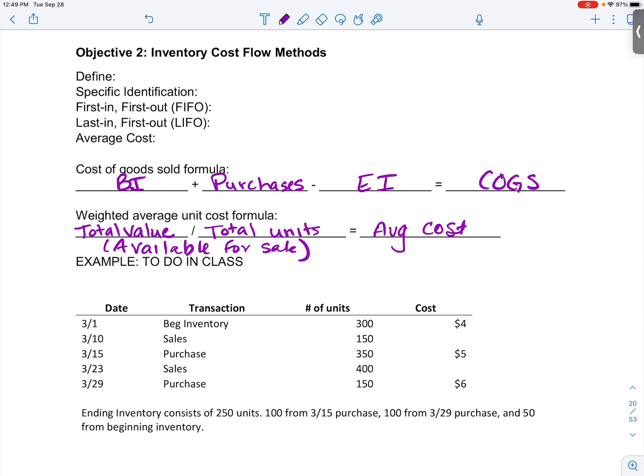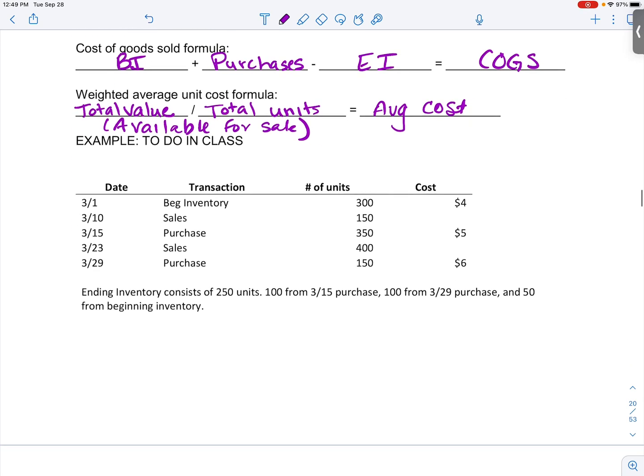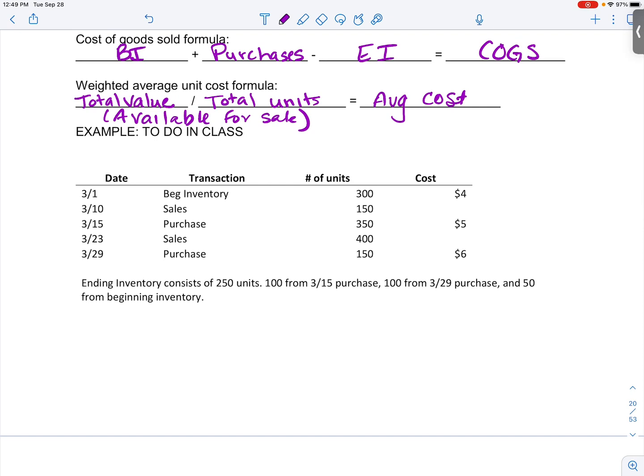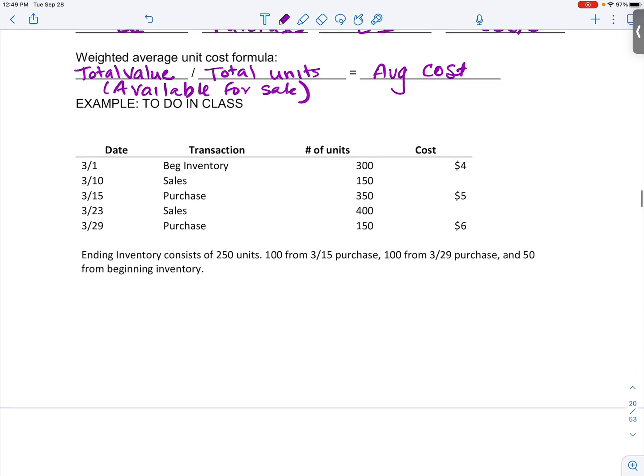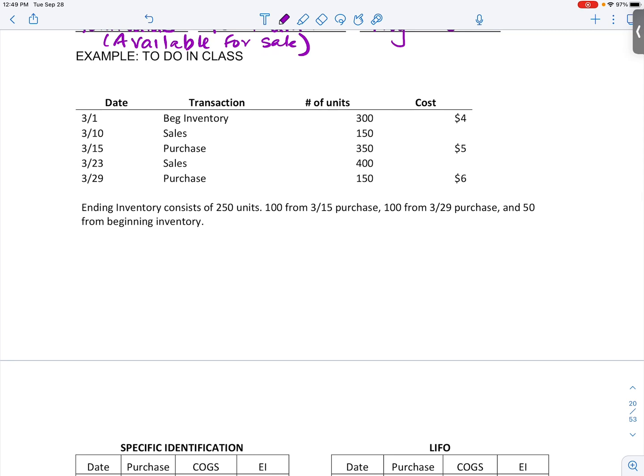So again, review these 4 methods. Make sure you understand the flow of the inventory in each method. But I'm going to walk you through an example of each of these. This is one of those concepts that's a little easier to do than to talk about. So I'm hoping by going through this, you'll understand it a little bit more.